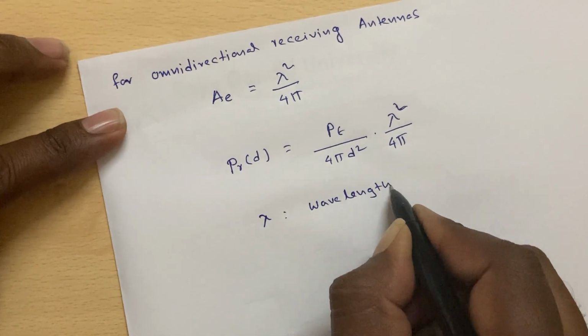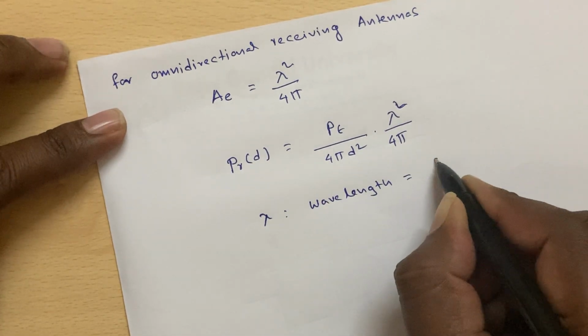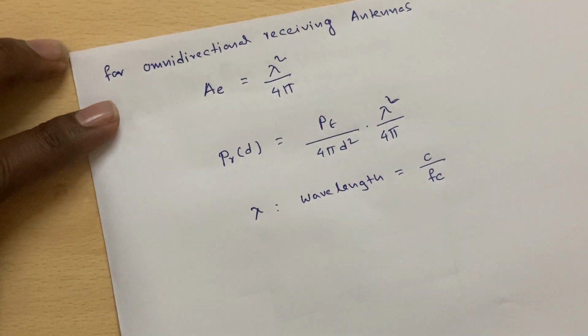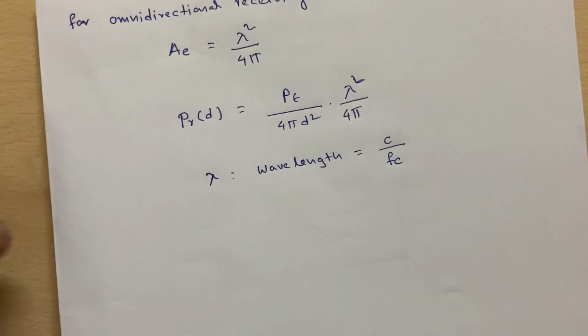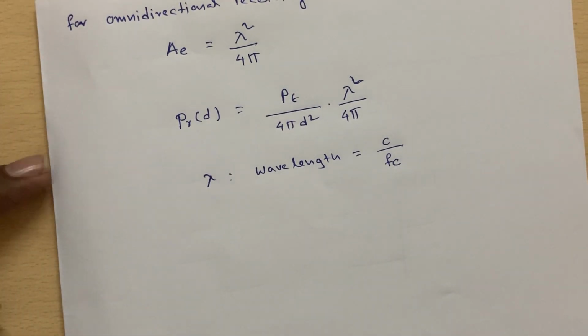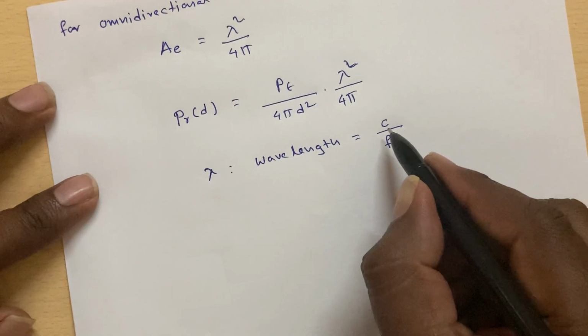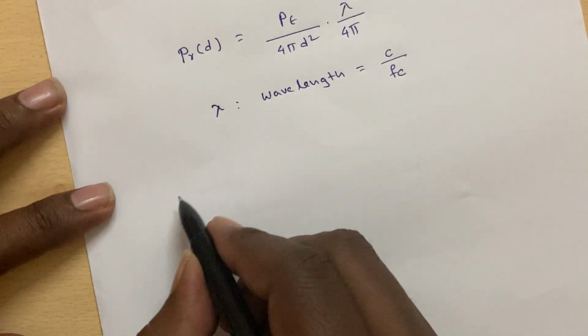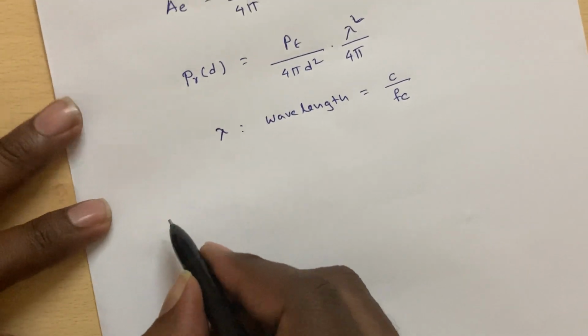You can find it as C divided by the carrier frequency of the communication. Whatever carrier frequency you are using gives the wavelength, so lambda is C by Fc. So now we have it, only for free space.